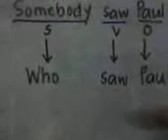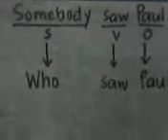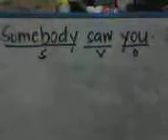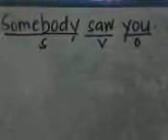Now, you just have to be careful when the sentence has a pronoun with it. In this example, you have "Somebody saw you." The object is you. Of course, when you make the question, since we're asking for the doer of the verb, that's somebody. So say who, and then we copy this one, saw.